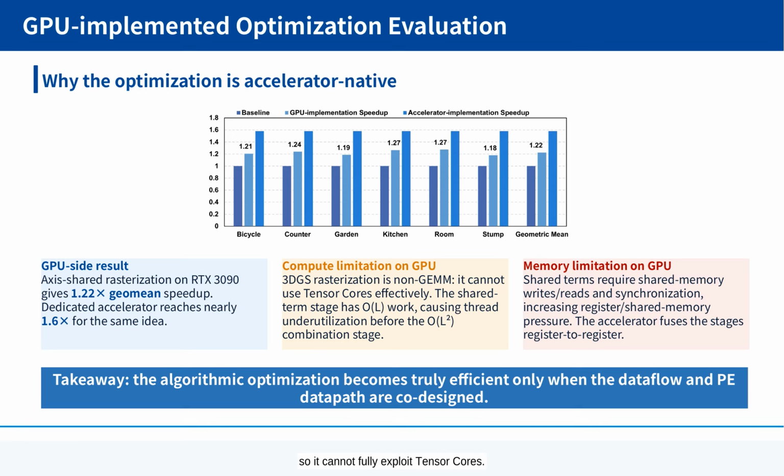Sharing axis terms on GPU also requires shared memory access, synchronization, and extra register pressure. The accelerator avoids these overheads by fusing shared term computation and combination through a register-to-register data path. This shows that the optimization becomes most effective when the data flow and PE structure are co-designed.